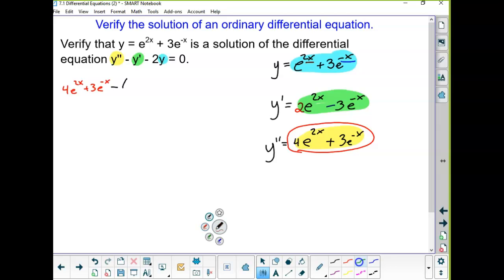And then we're going to subtract. Now notice how I'm putting parentheses here. I'm going to subtract the first derivative, so I'll use green for that. And then I'm going to subtract 2 times the original function, and that will equal 0.